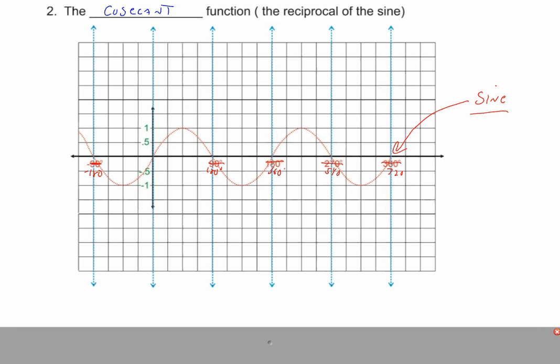Okay, normal sine function. Everybody with me? Again, normal sine goes 0 to 360. Halfway is 180, all the way is 360. So 180, 360, 540, 720, and back the other way is negative 180.